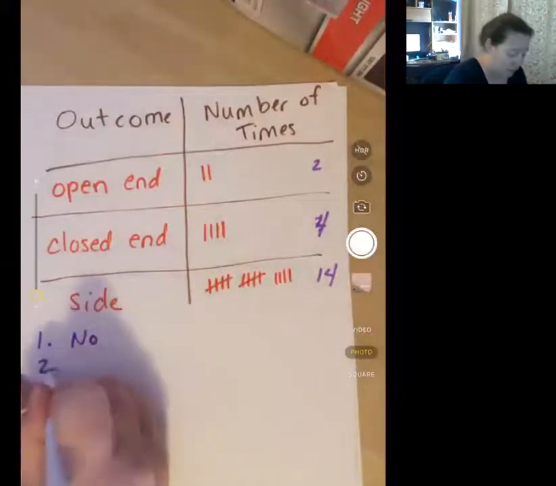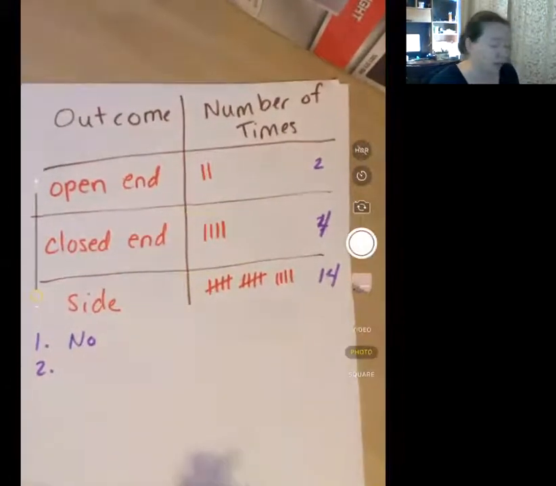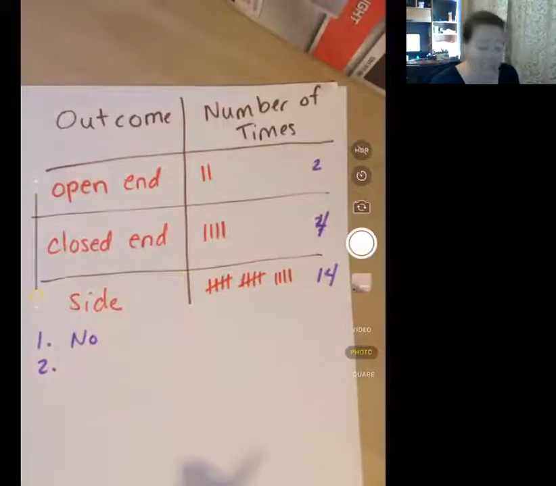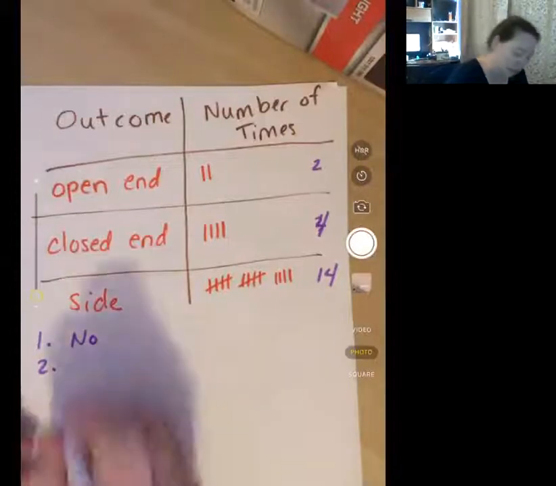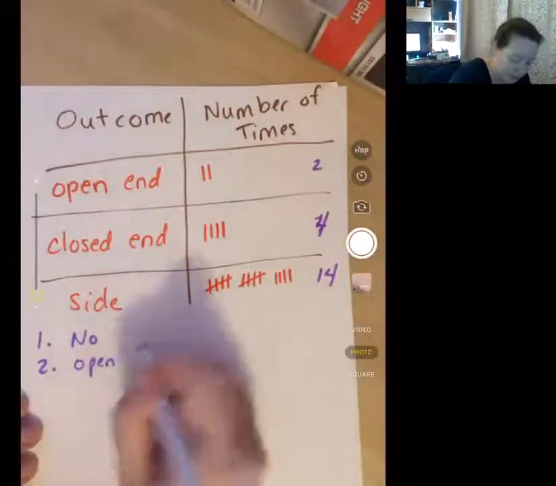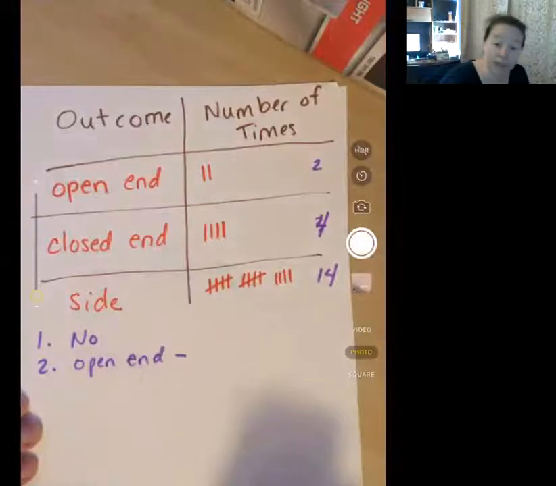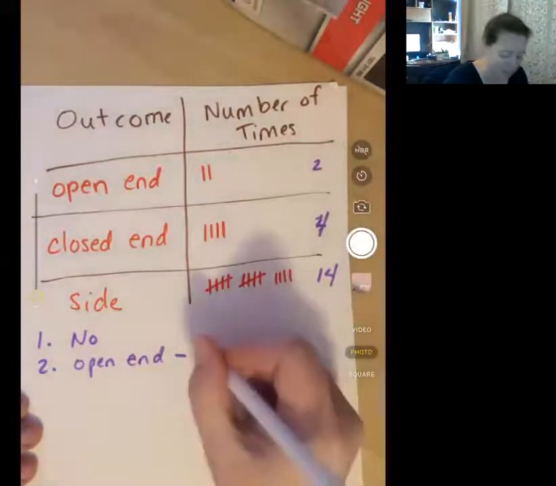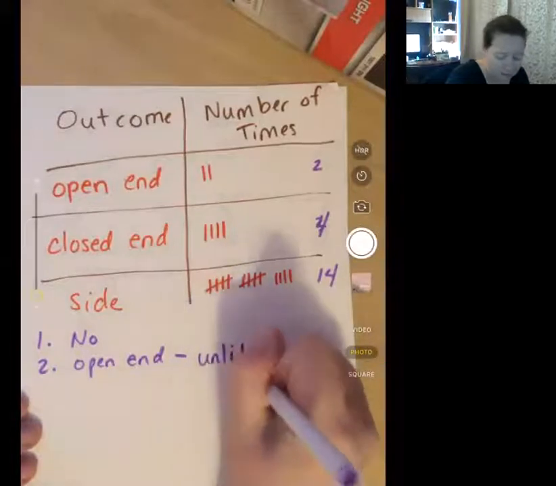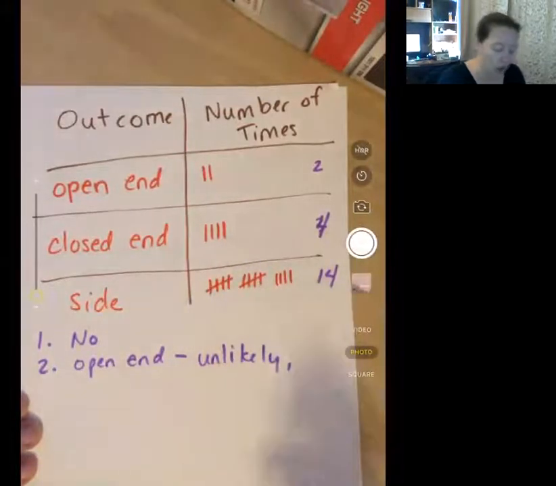So number 2, describe the 3 outcomes with words such as likely and unlikely. So open end, that was my first outcome. I'm going to put down that it only happened 2 times. That's unlikely. It's probably not going to happen. Closed end.